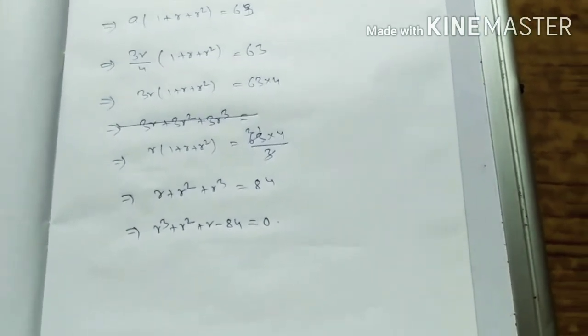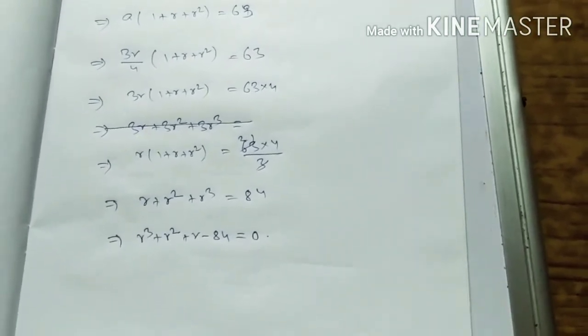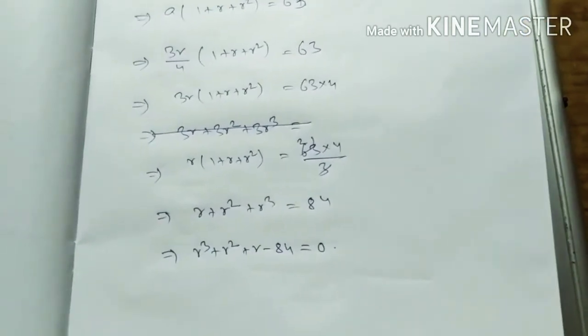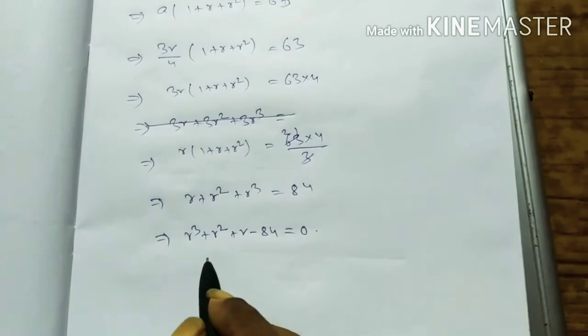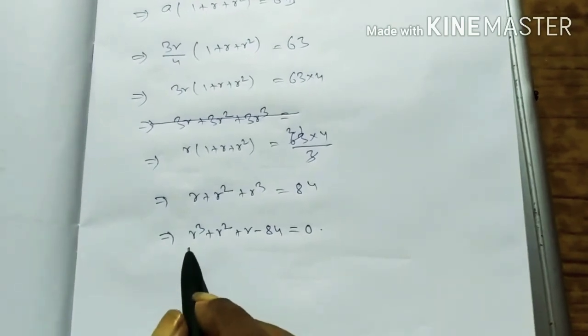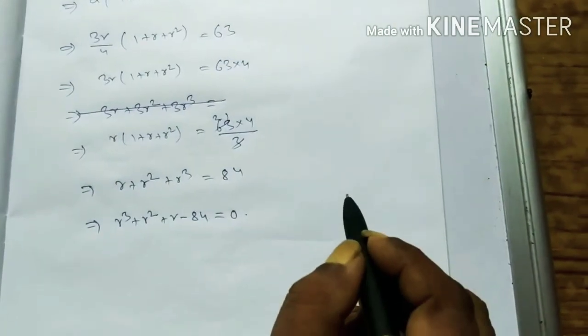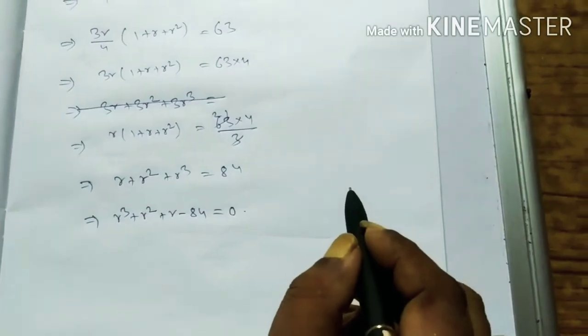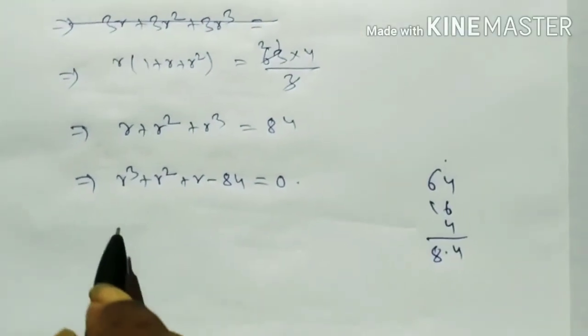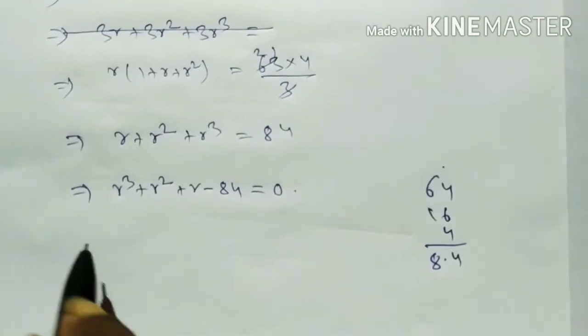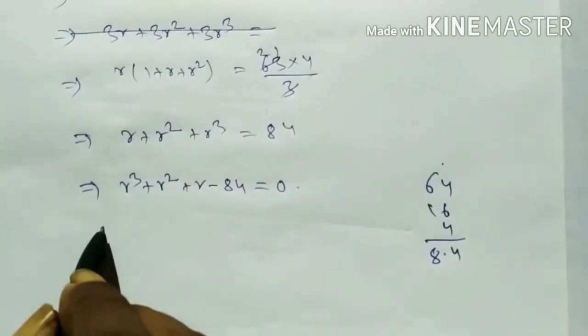Now we have to find the value of r. Try 4: 4 cube, it comes to be 64. A rule which you have learned in polynomials, I'm going to take the help of the P(x) method.